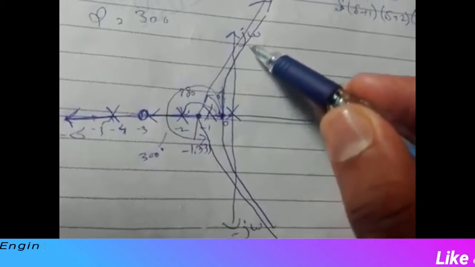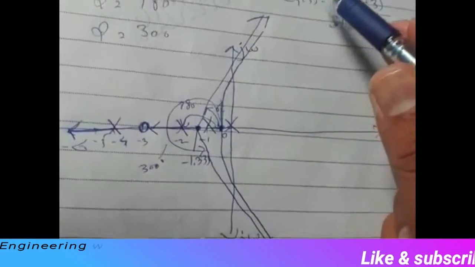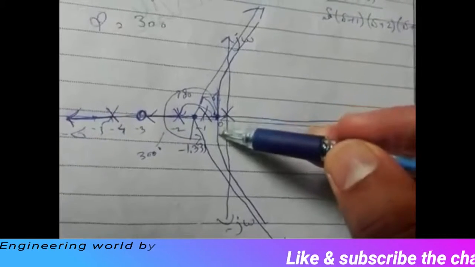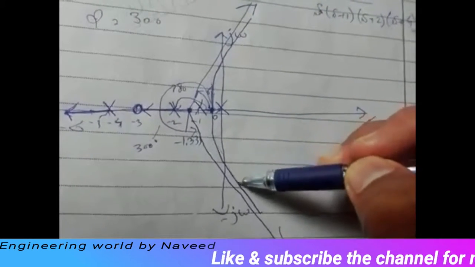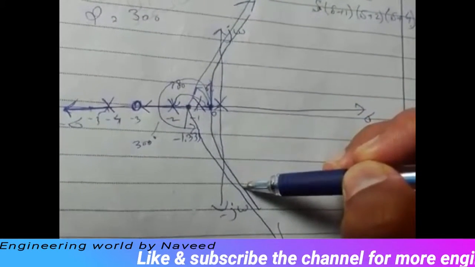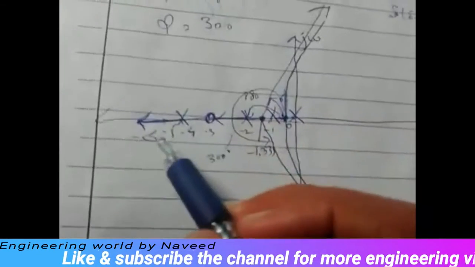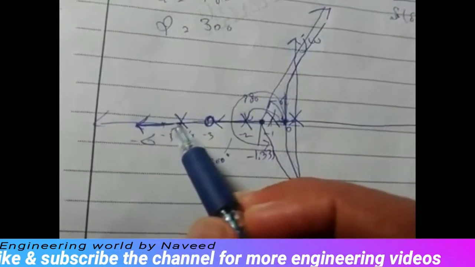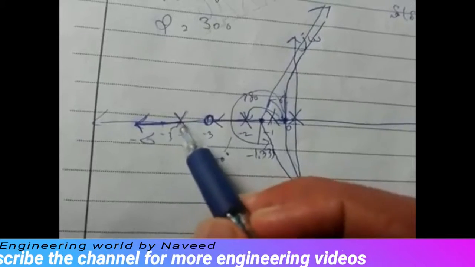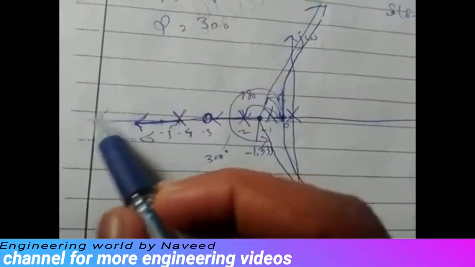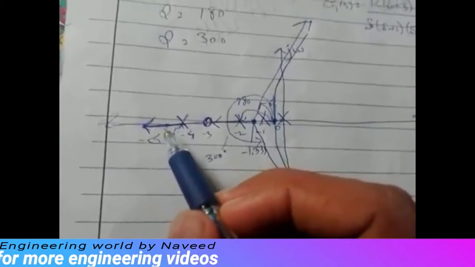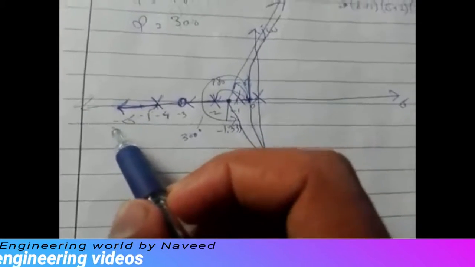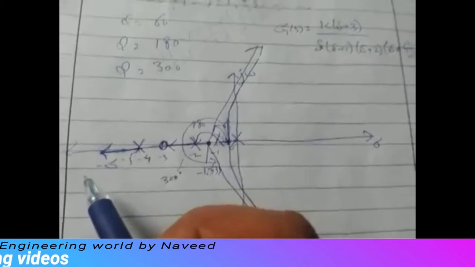This root locus approaches an infinite zero moving along this direction, this root locus will move around this direction and approach an infinite zero, and the third root locus branch moves along the real axis at an angle of 180 degrees. So this is all about how you sketch the root locus.